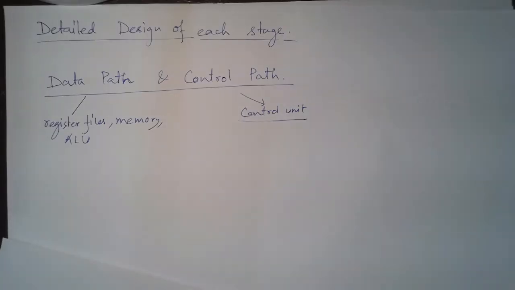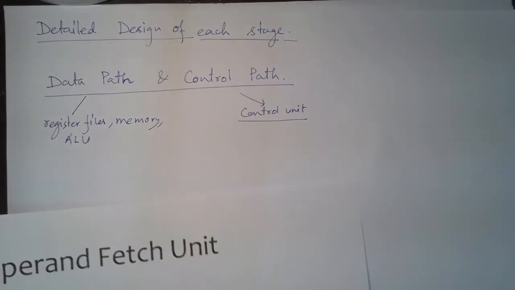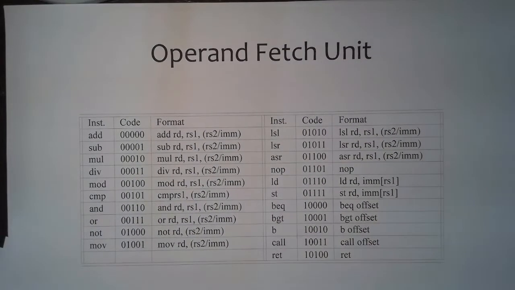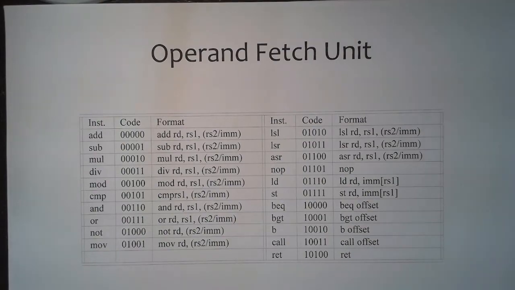Okay. So, now just to quickly recap all the instructions, because if we move to the operand fetch, before that we need to understand what instructions we were dealing with. This is just a recap of what we have already seen.